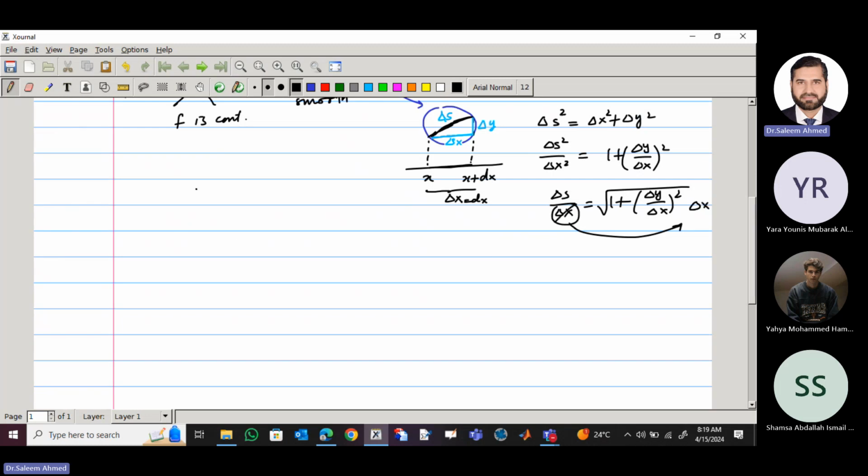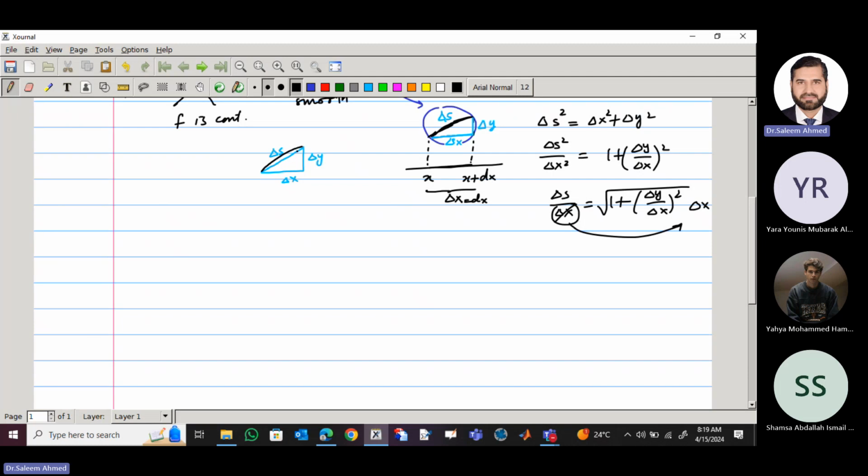What I did is use the Pythagoras theorem. I had a triangle with delta x, delta y, and the straight line delta s. But my curve may not be a straight line. My curve may be a little like this.